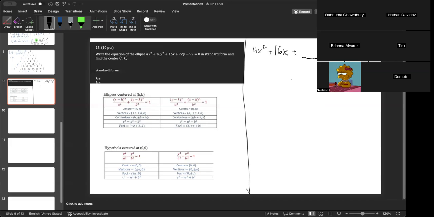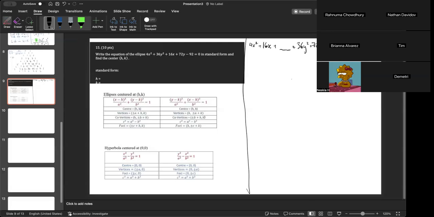Okay. So I move this 92 over, and oops, I actually should have left even more space. Just a moment. Okay.